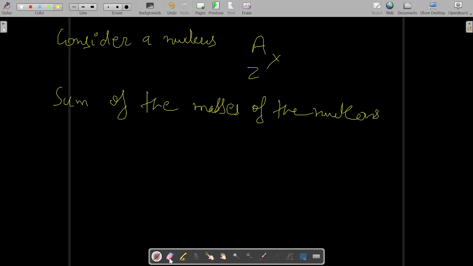Now do not call this the sum of the masses of nucleons. This is not your sum of masses of nucleons. This is simply the total number of nucleons.